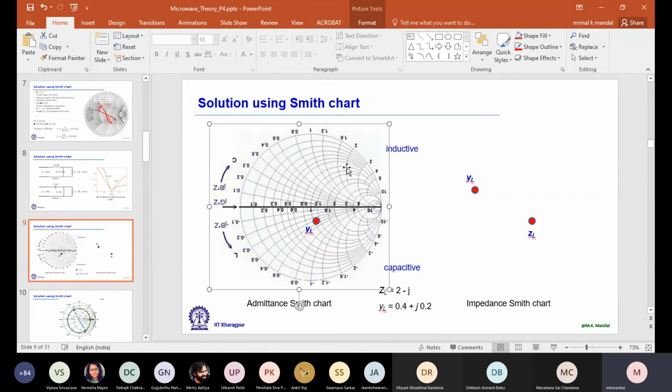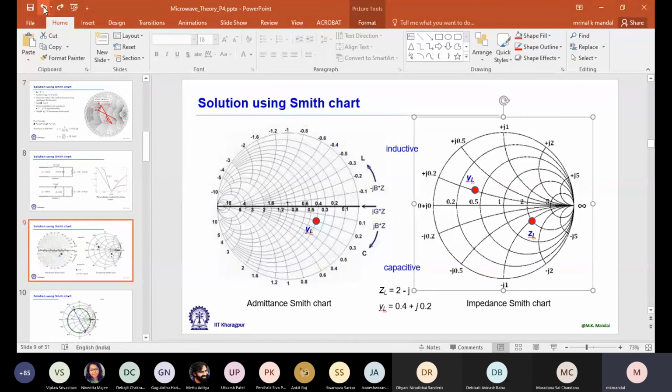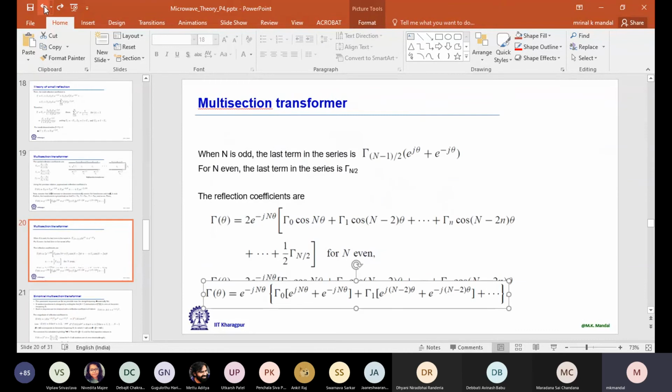So if we don't have to deal with both impedance and admittance values, then in fact the impedance Smith chart itself I can consider as the admittance Smith chart, and these values will directly give me the value of B and Y. Sorry. So we are going to use this concept in the next problem here.